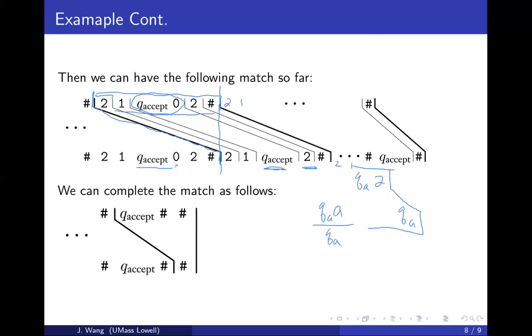So this 0 will be matched in here, and then this 2 will be matched here. So then after this QA will become this, okay? But we still have this to fill in, so we still need to fill that in.